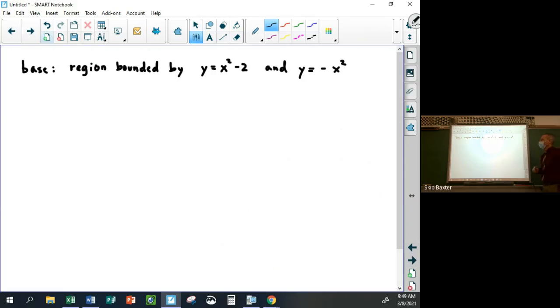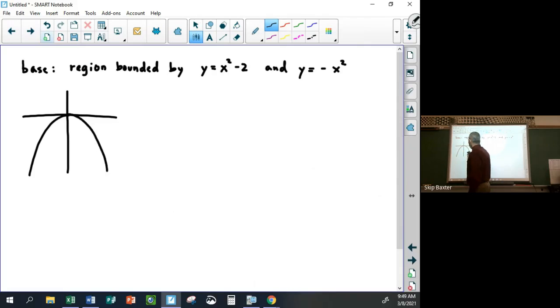So, okay, that seems like it's going to work. So let's draw it. So we have negative x squared looks like this. X squared minus 2 looks like this. So this region right here is the base of the solid. Shaped like an eye.